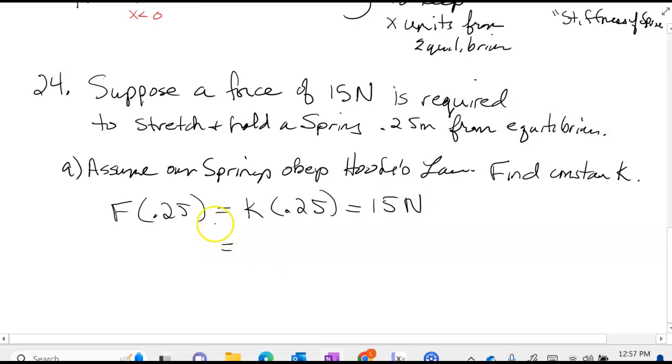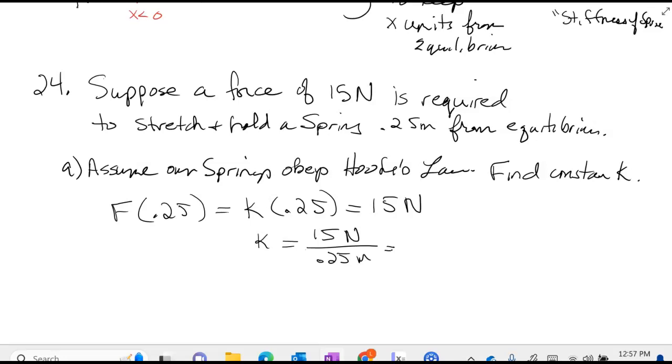So using that information, K itself should equal 15 newtons divided by 0.25 meters. And that is going to give us 60 newtons per meter. And we have K.